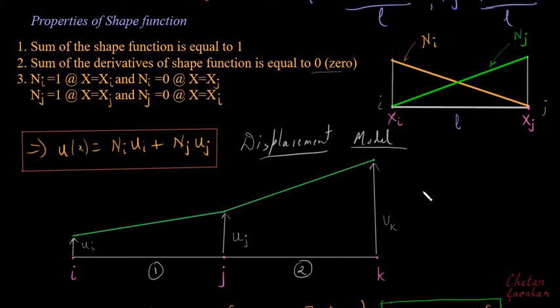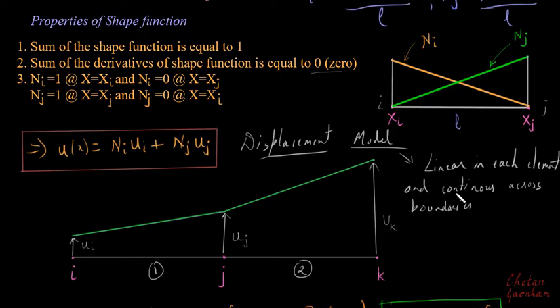So this kind of trial solution, or displacement model, is called linear in each element, and continuous across boundaries.